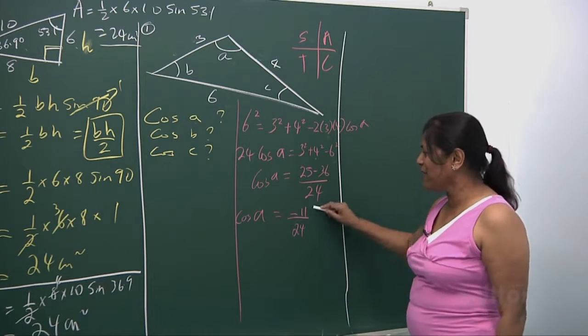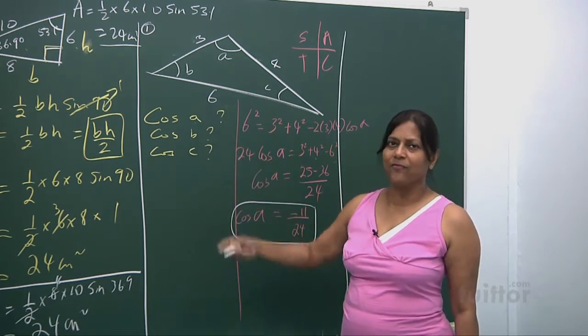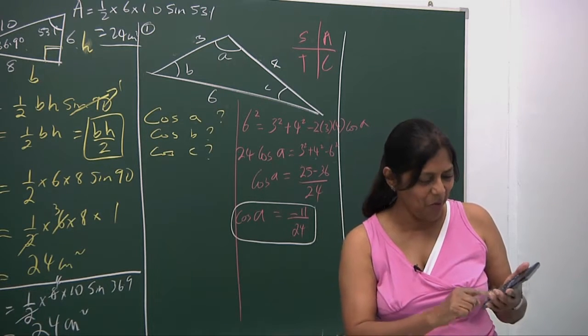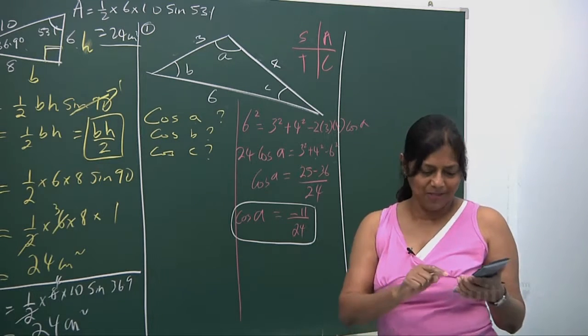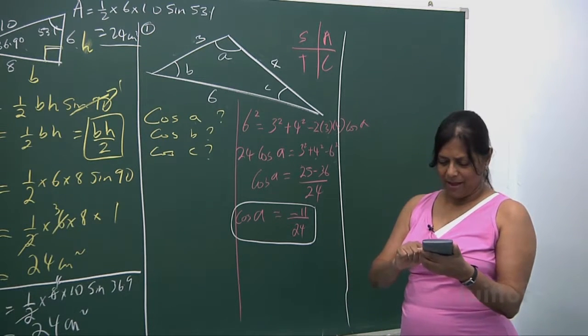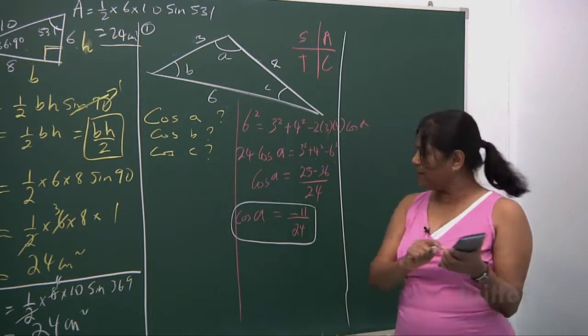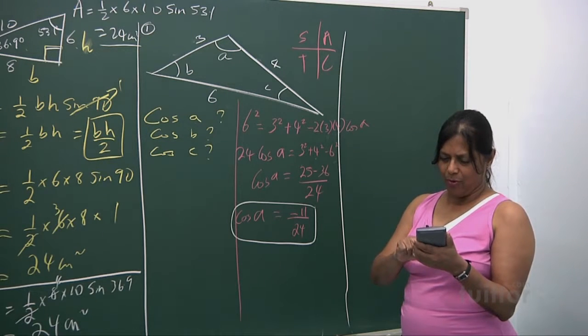You're getting to be good, my dear, but they didn't tell us to work out the angle. They just wanted the value of cos A. But we are curious people. I want to work along with you. Let's press inverse cos, and then you press the minus. Remember, use the small minus, not the operational minus. 11 divided by 24.